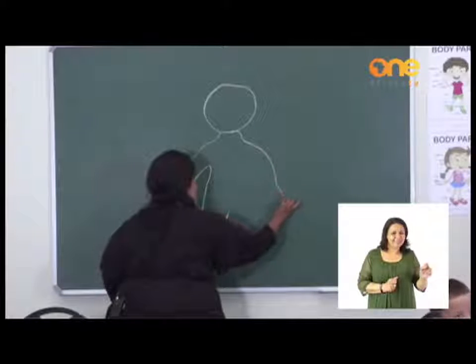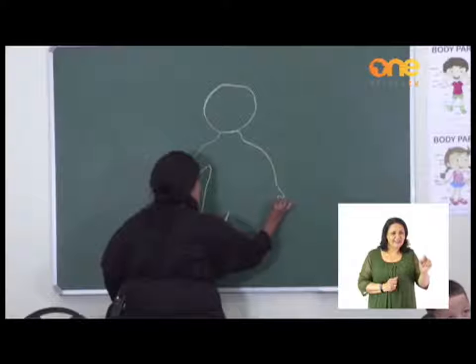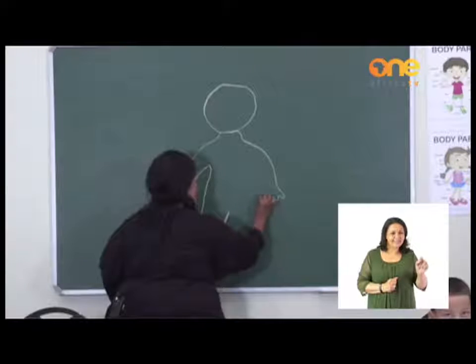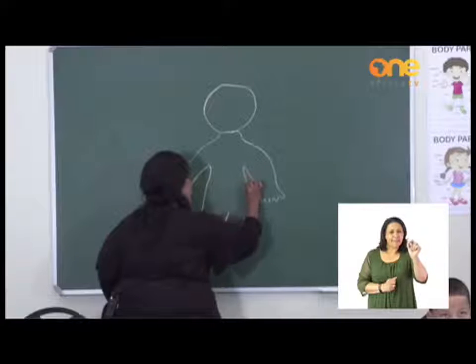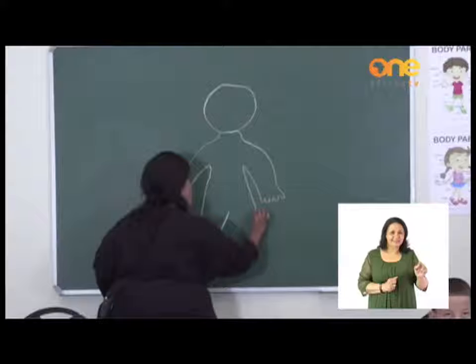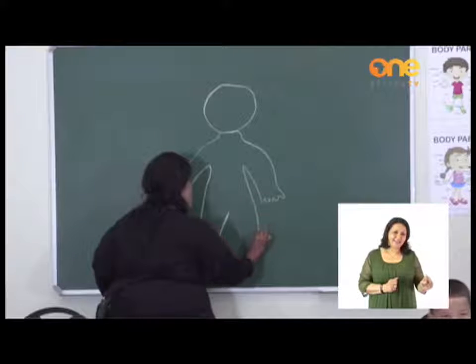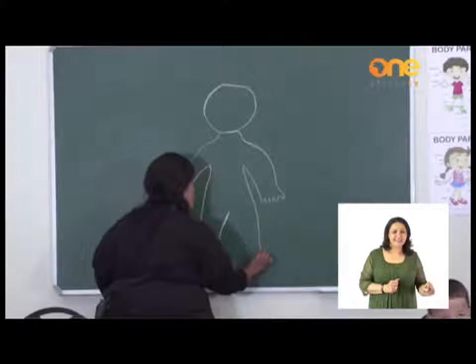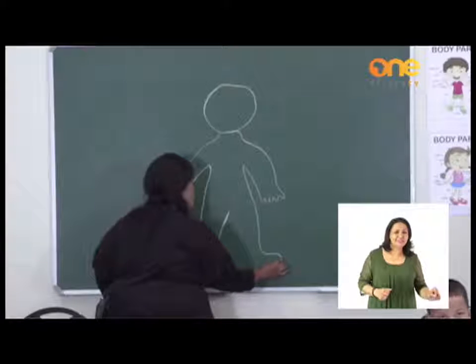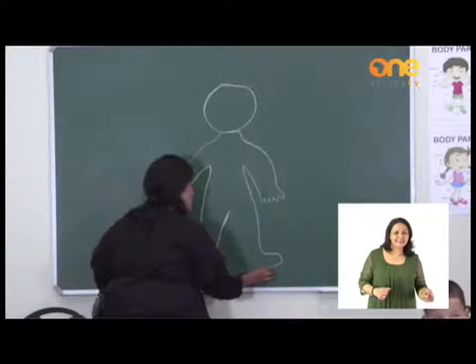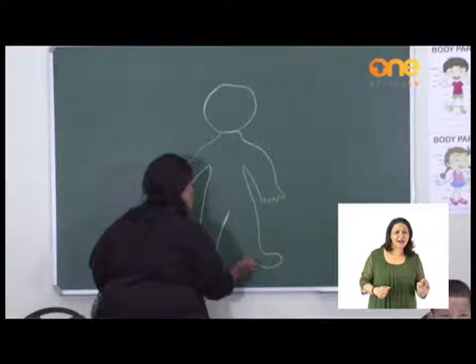Going down around the fingers, and up the arm. And down again on the dotted lines. Make sure you don't lift up your pencil or your crayon. Around your foot. And there we go, on the dotted lines.